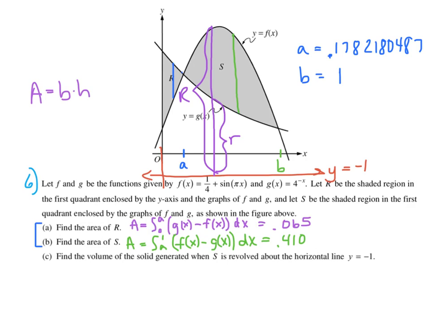Okay, and so now I'm talking about volume. Let's go ahead and get the formula written out. Volume equals pi times the integral from A to B, or you could say A to 1, of, now we need our big R, which is upper minus lower, so in this case f of x minus -1, quantity squared, you don't have to replace it, or you could change that to +1, minus, now your little r is the lower curve, which is your g of x, minus -1 quantity squared.